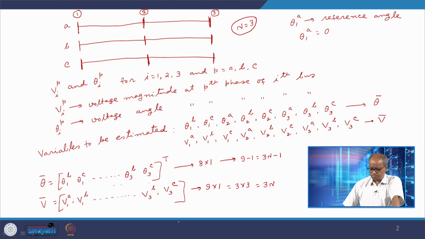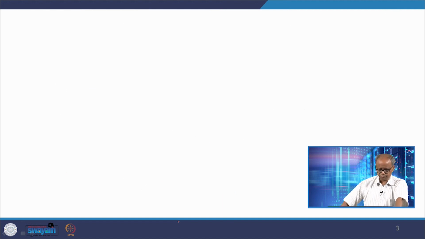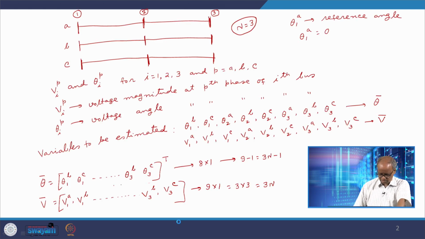Now, my state vector x would be theta transpose, V transpose, the whole transposed. Why am I writing so many transposes? Because the theta vector we defined is a column vector, the entries theta 1 B, theta 1 C up to theta 3 B, theta 3 C. When I make it theta transpose, it becomes a row vector.